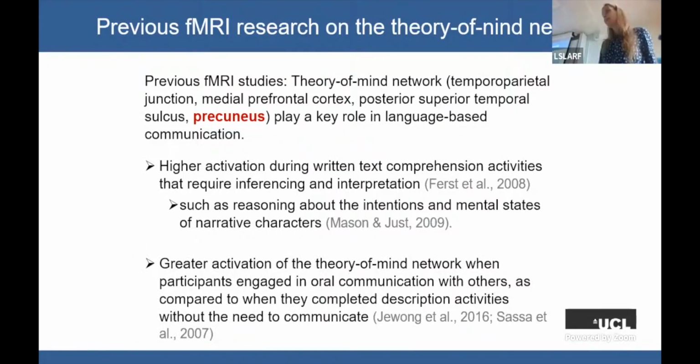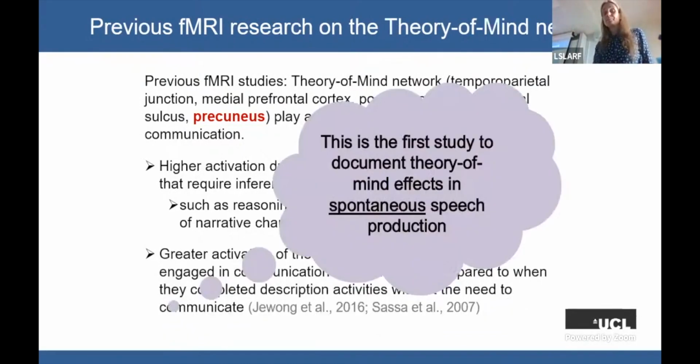And our collaborator, Hyeonjeong, also found in her own research that the theory of mind network is involved in communication or speech production, I should say, but that happens for communication and not just using speech production without a communicative intent. So theory of mind seems to be involved in speaking activities as well.